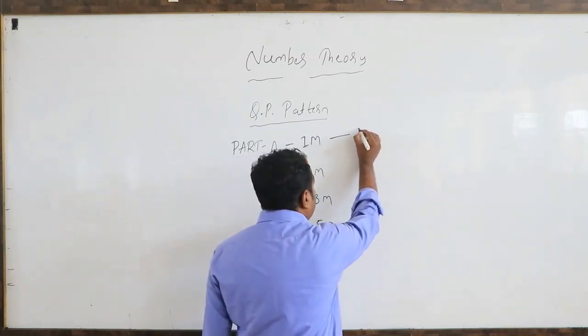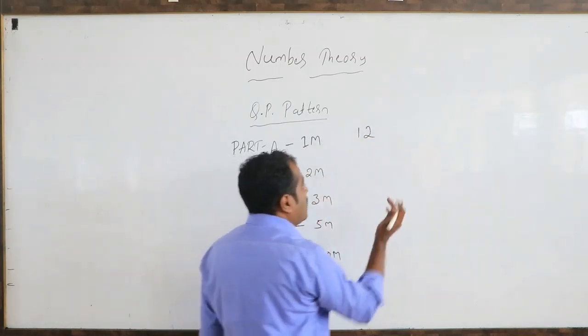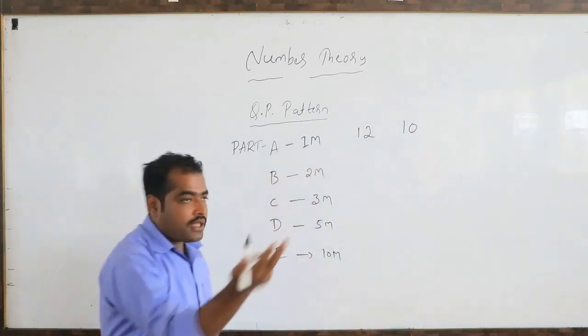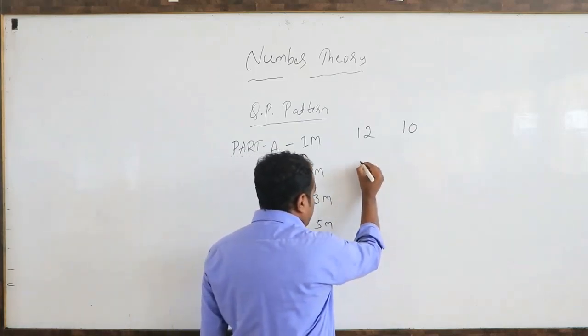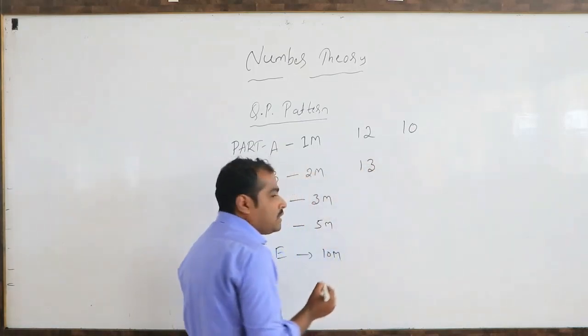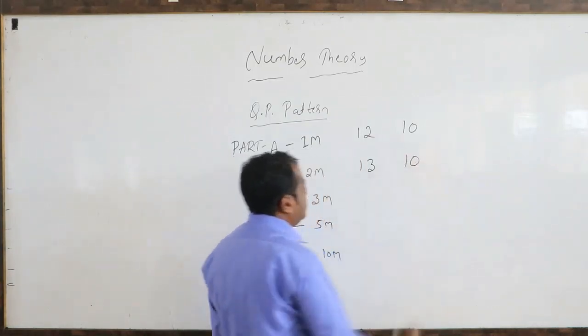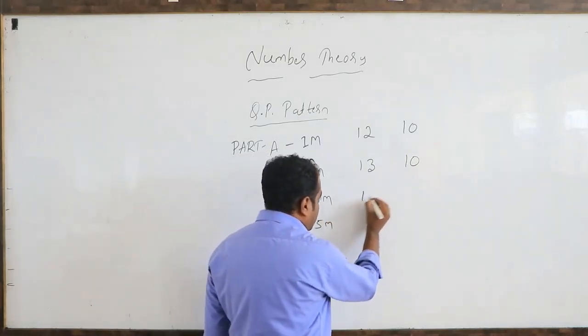In 1 mark, they will give 12 questions. Out of 12, you have to write only 10. 2 extra will be there. In 2 marks, they will give 13 questions. Out of 13, you have to attempt any 10. Similarly, in 3 marks, again they will give 13 questions.